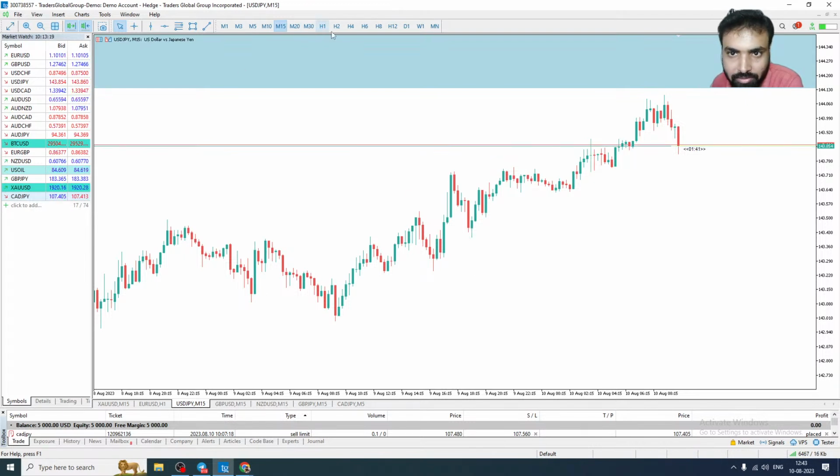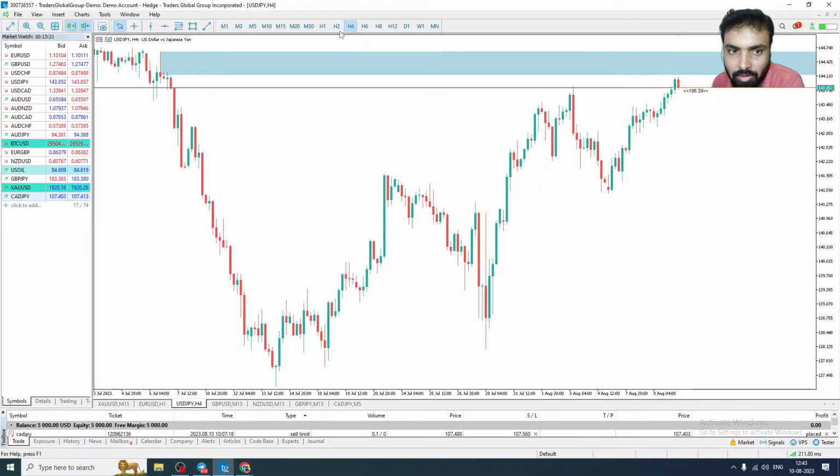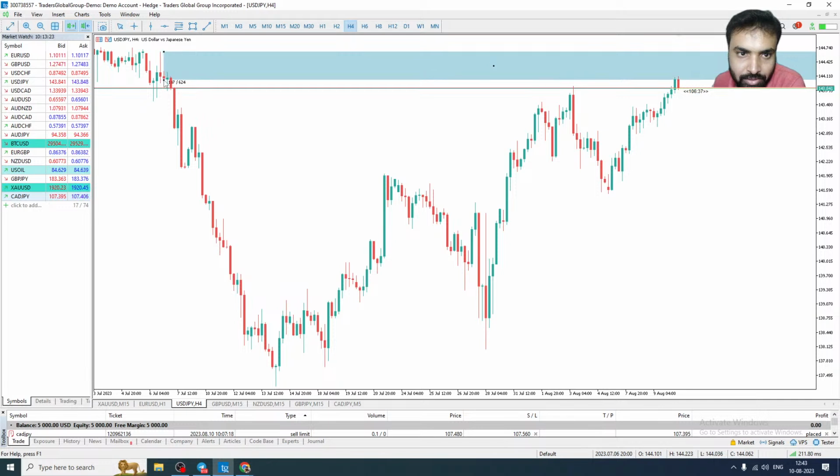USD JPY reached this level and is rejecting. So Euro USD is going up, meaning USD value is going down, right?